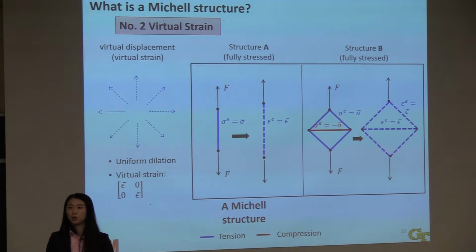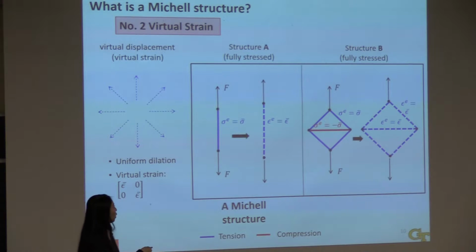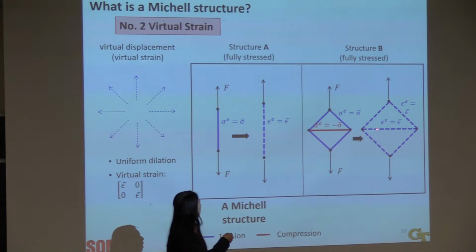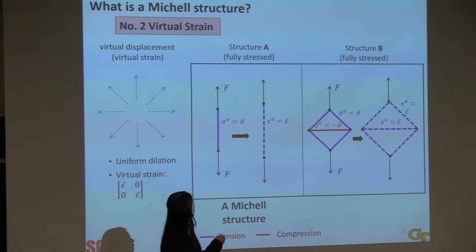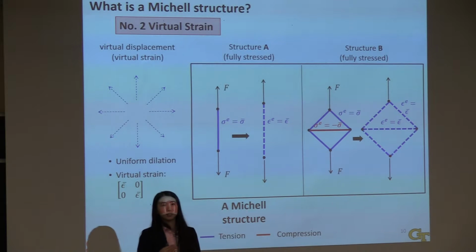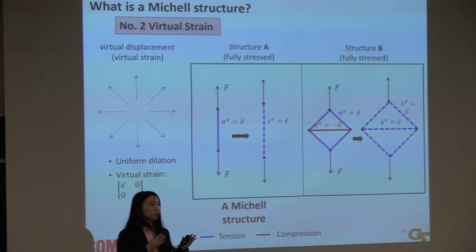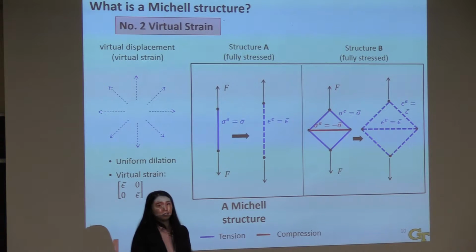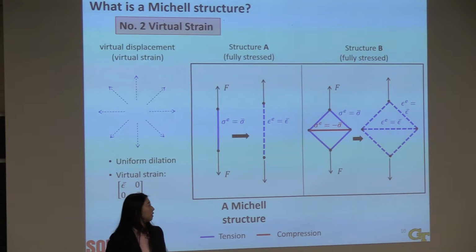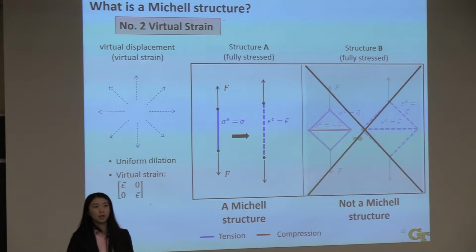So it is a Michell structure. For the second one, all the members are in tension, no problem. But the middle truss member is in compression, and this virtual strain field induces a tensile strain on that member. So this violates the Michell condition, and this is not a Michell truss.